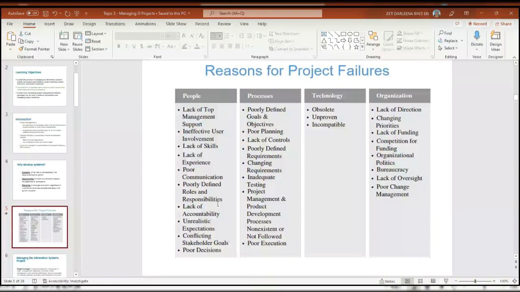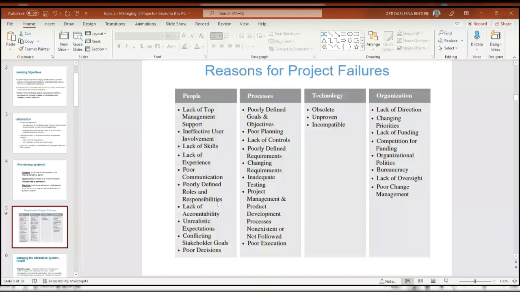So the reasons yang related from people that could contribute to the project failures: bila mana kita tak dapat support, lack of support from top management, kita tak involve-kan user dalam proses pembangunan sistem, ataupun kita tak lengkap proses pengambilan information ataupun requirement daripada klien. So that is ineffective user involvement.